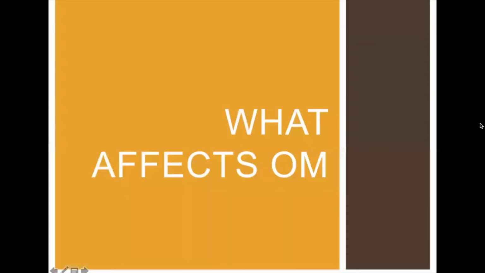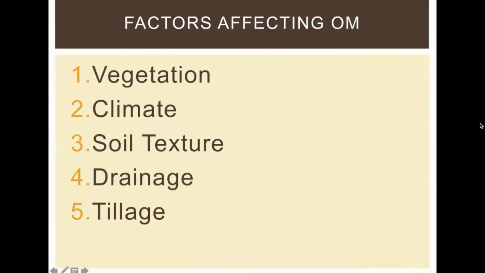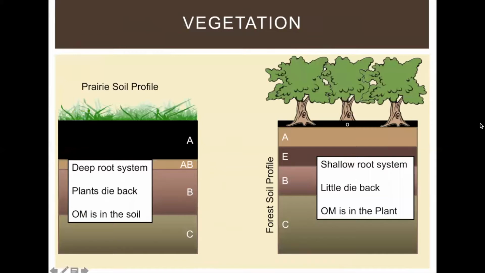So what really affects organic matter? Vegetation, climate, soil texture, drainage, and tillage all affect organic matter. Vegetation affects organic matter due to root systems, really. Prairie plants, including wildflowers, perennials, and grasses, have very long, extensive root systems.